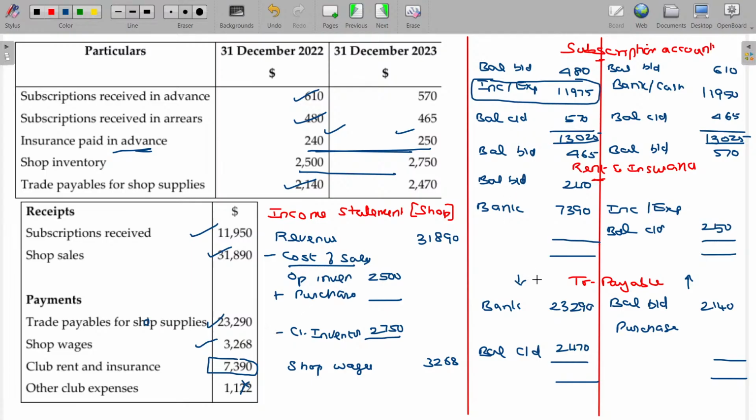Then in case of rent and insurance, the value being 7,630. After subtracting 250, the balance amount transferable to the income and expenditure here being 7,380.